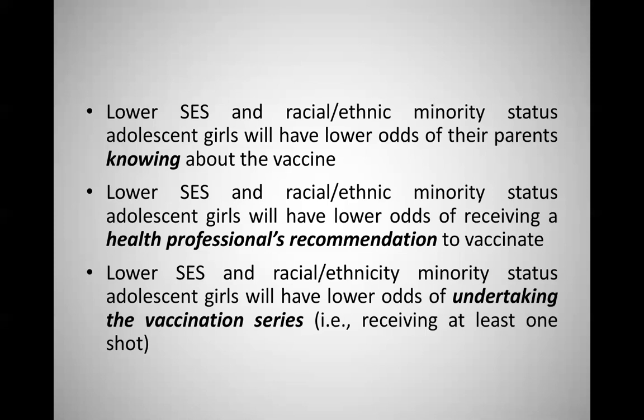So people with less resources, whether they're financial resources, knowledge resources, access to health resources, and in this case, the financial is important because the vaccine was not covered by insurance and it cost $500 at the beginning when it came out, then you immediately would start to see disparities or inequalities in who basically takes up the vaccine and who doesn't. This is a very good example of basically a test of the fundamental cause theory.